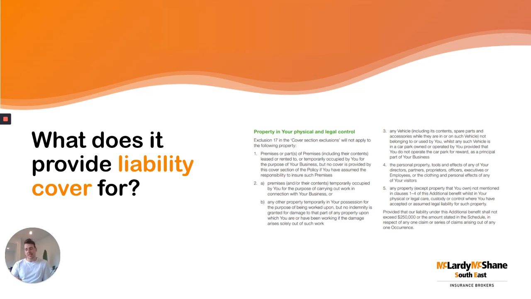If you're a cleaner going to all different buildings, those buildings might be considered to be in your legal control, and you will get the full limit of the policy for those premises. Also goods in your care, custody and control for being worked on. If you're a dry cleaner, you have other people's clothing in your care, custody and control, which would probably be considered property in your physical or legal control.